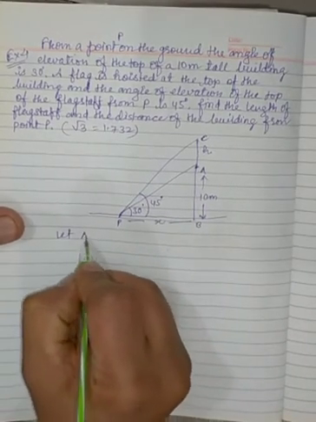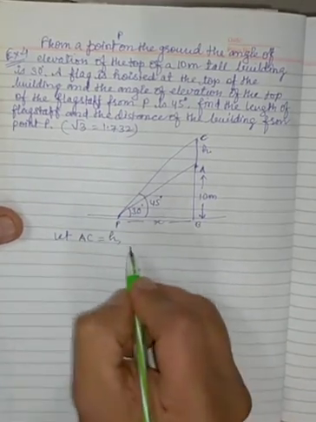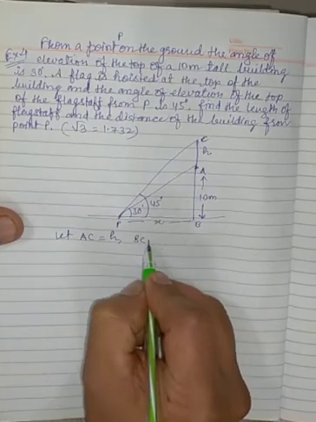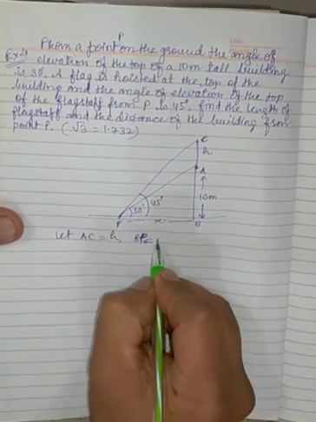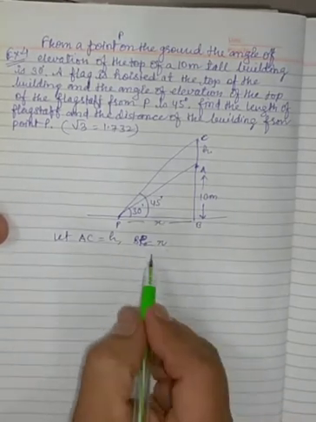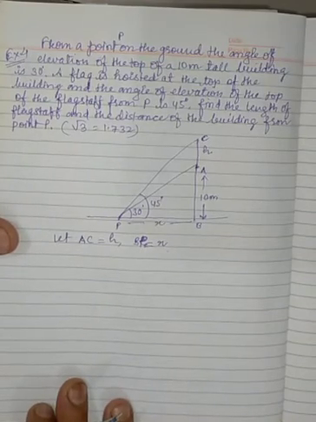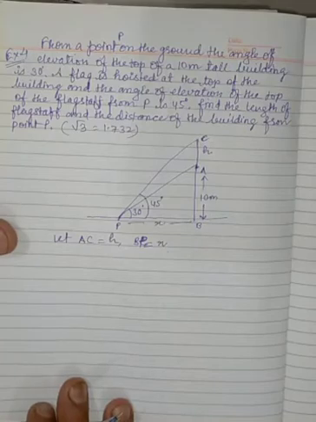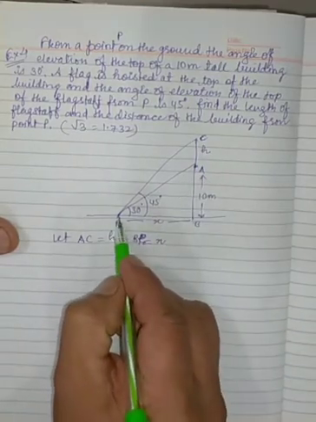So let AC is equal to H and BP is equal to X. One by one we will use the angles and the triangles to find out the unknown values. First we will use triangle ABP.